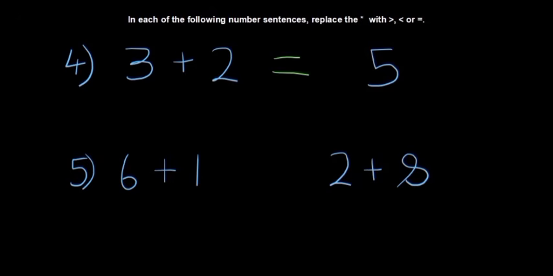So that means we're gonna say 6 plus 1 is less than 2 plus 8. And we know we have chosen the correct symbol here because the closed side of the inequality sign is facing the smaller number.